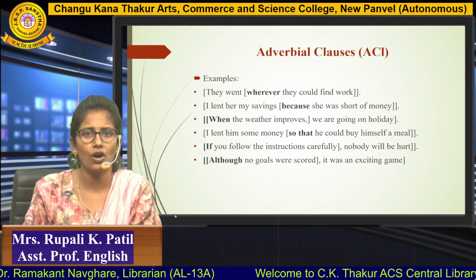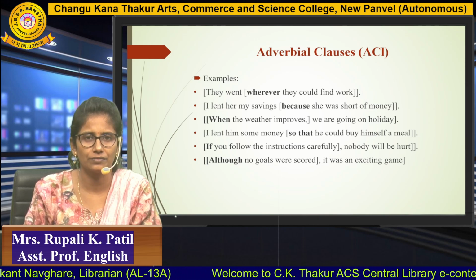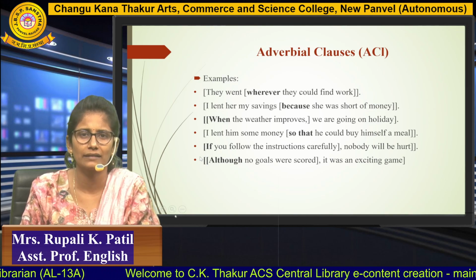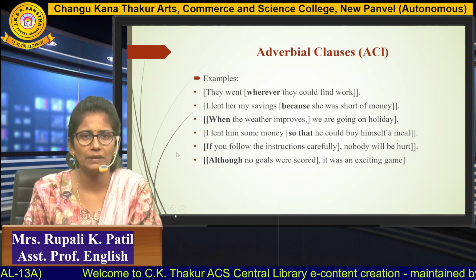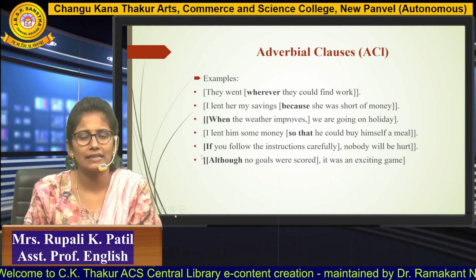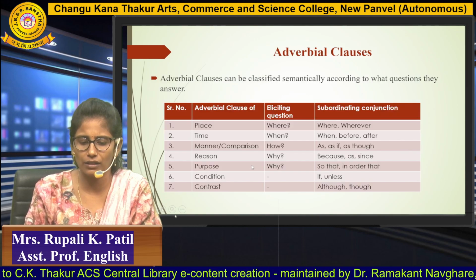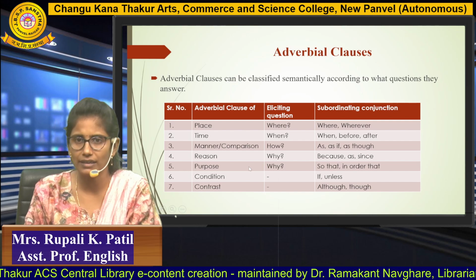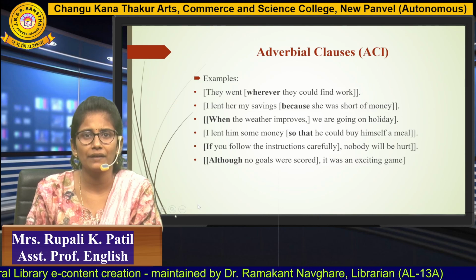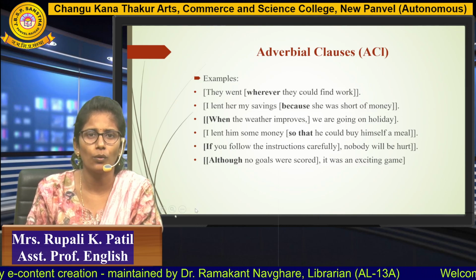If talks about the condition: if you do like this, that will happen, or that will not happen. And the last example is, although no goals were scored, it was an exciting game. It started with although, which conveys the contrast. So it conveys the contrasting meaning of the whole sentence.